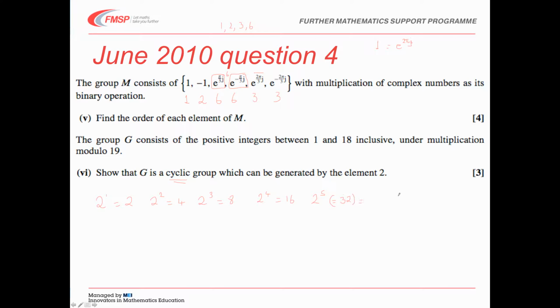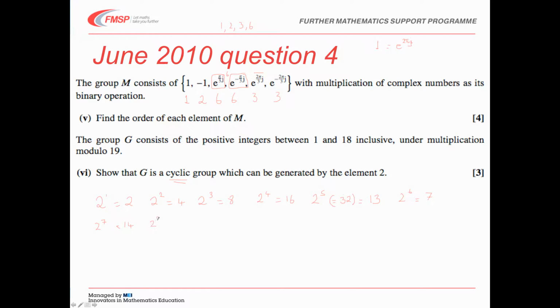If we take 19 off that, we're left with 13. So 13 modulo 19. So 2 to the power 6, rather than going back to the 32, if we just go back to the 13 and multiply that by 2, we get 26, which is 7 modulo 19. 2 to the power 7, 2 times 7 is 14.